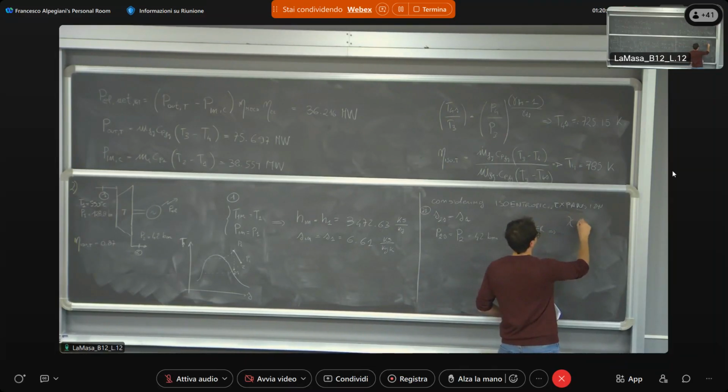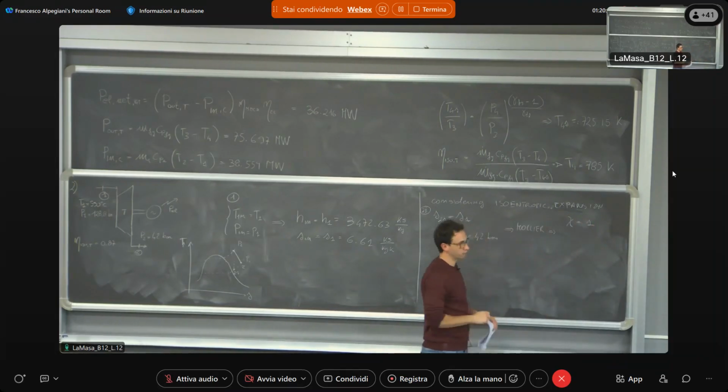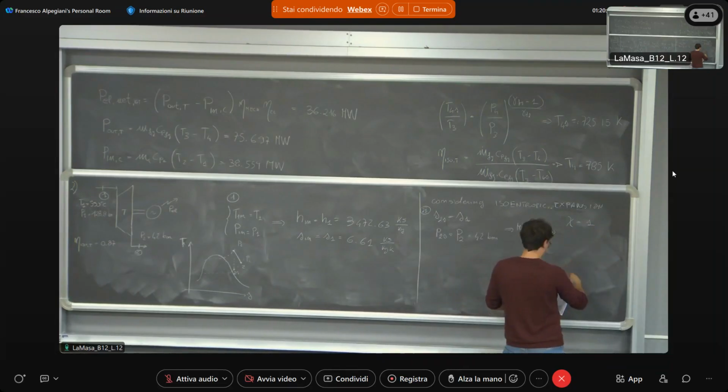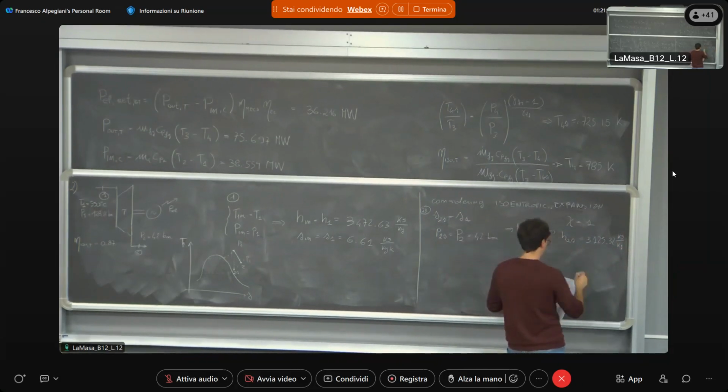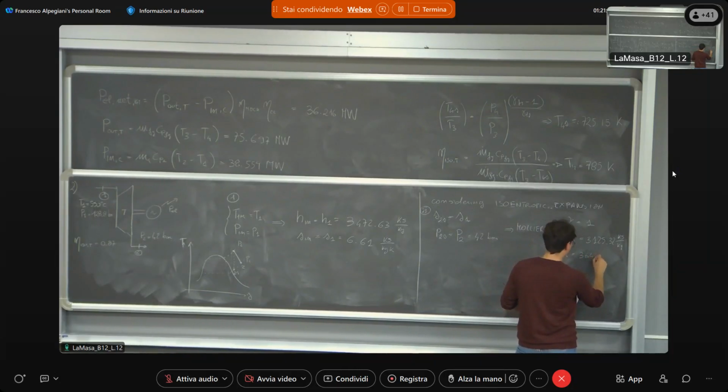The vapor fraction is equal to 1, so we have all steam, superheated steam, and we can derive H2S equal to 3,125.32 kilojoule per kilogram, and also the temperature at the outlet of the isentropic expansion, T2S, equal to 364.69 degrees Celsius.